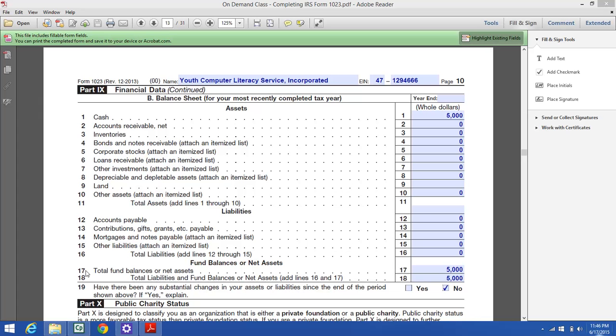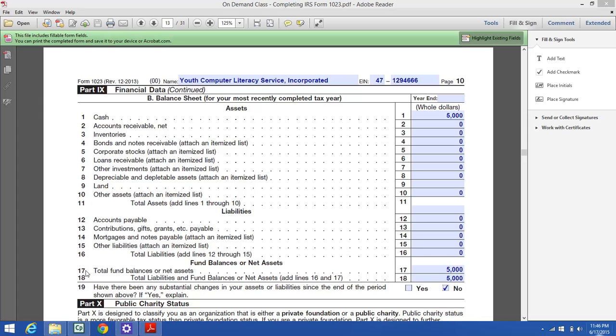Now, the next page is a continuation of your financial data, but this time we're looking at the balance sheet. If you're familiar with accounting, you know that your balance sheet is composed of 3 components: assets, liabilities, and most of the time the third component is called owner's equity. In this case they call it fund balances or net assets.